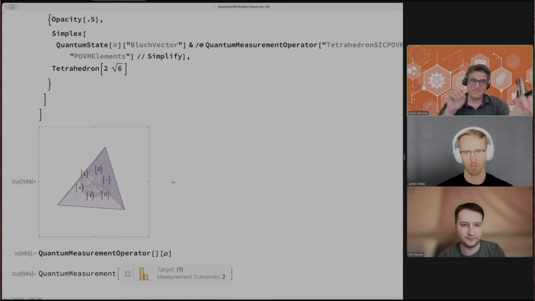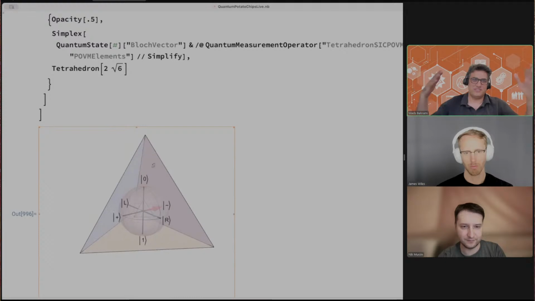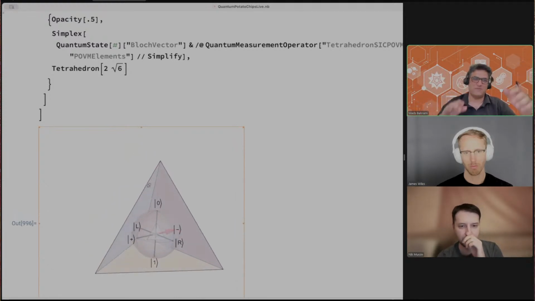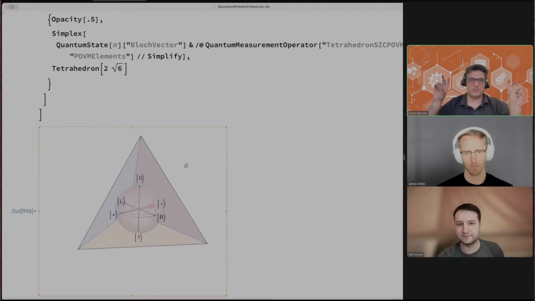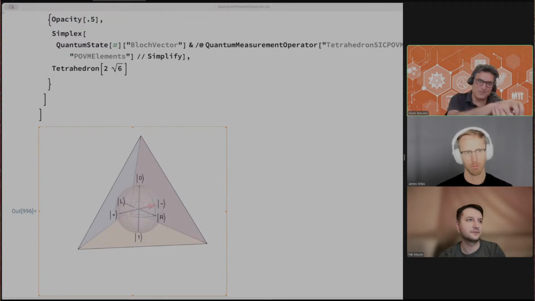So the basis is that big tetrahedron where everything is trapped inside. That's your space, and the basis are those four corners. Then the quantum one is the sphere inside, the only region that represents a real quantum state. And the POVM elements live inside that because they correspond to a real physical system.